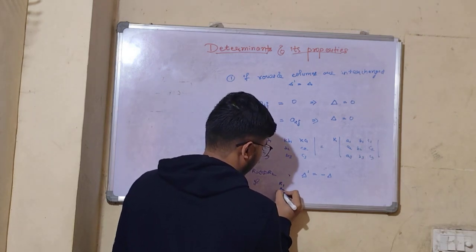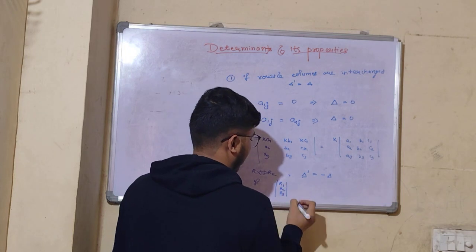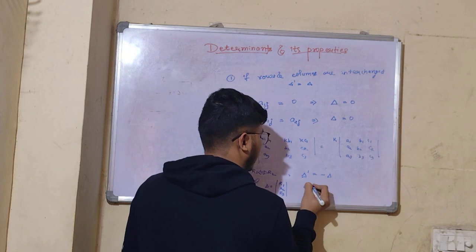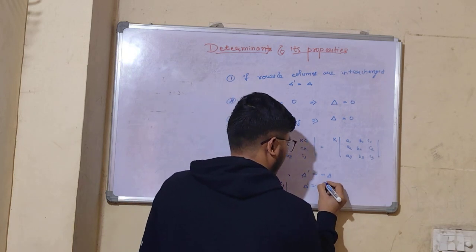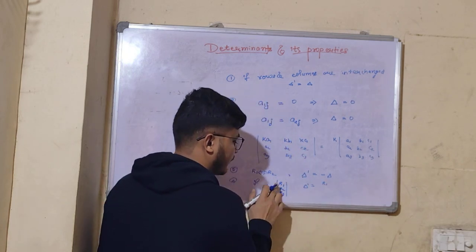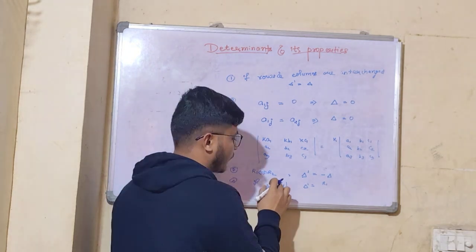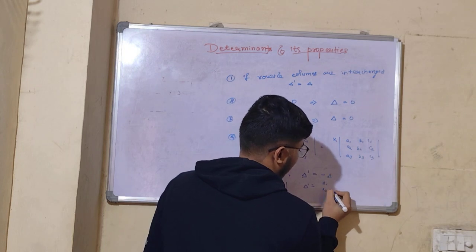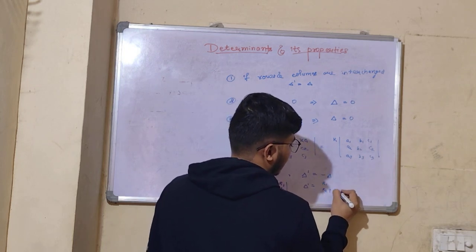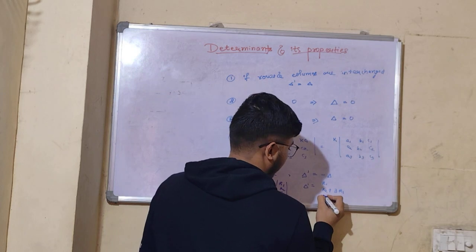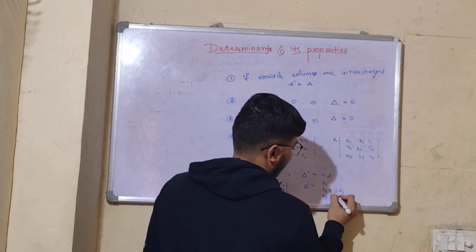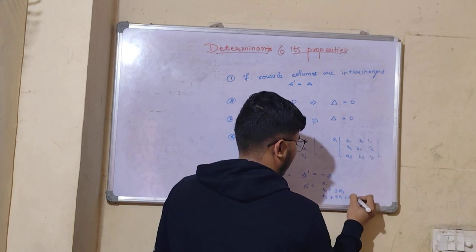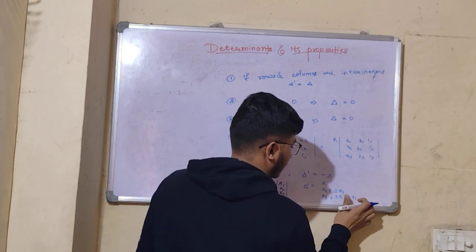Suppose R1, R2, R3, this is my delta. I am converting it to the new delta, that is, I am changing R2 and R3 and keeping R1 the same. So R2 I am writing as R2 plus 3 times the row R1, and in R3 I am adding 5 times R1 and 2 times R2.